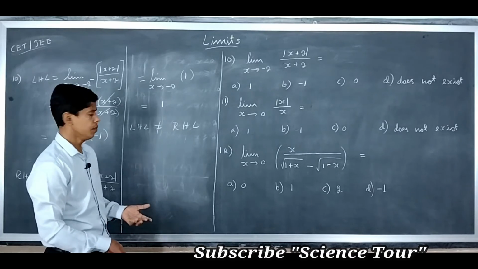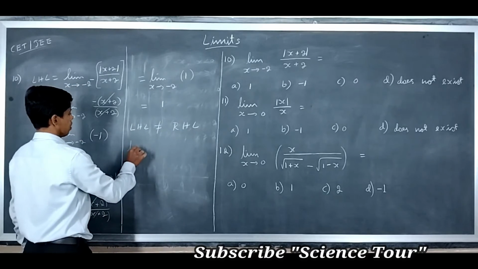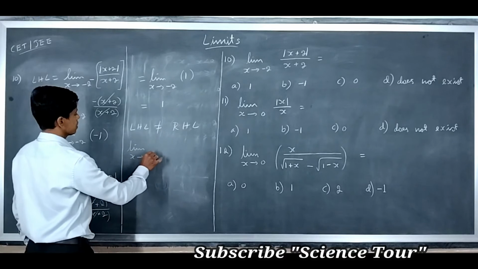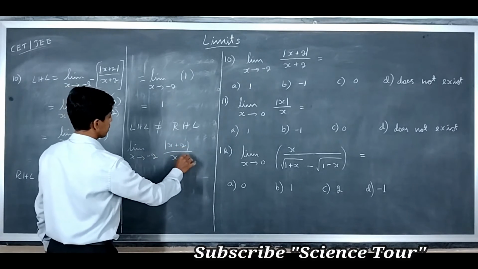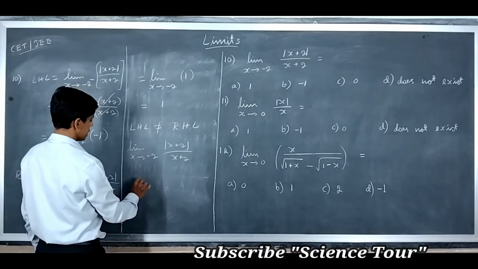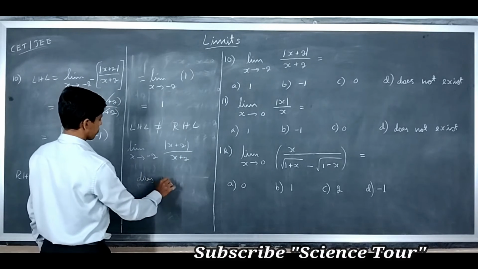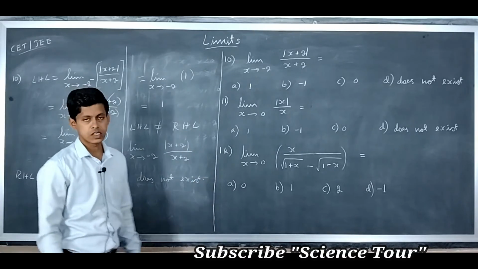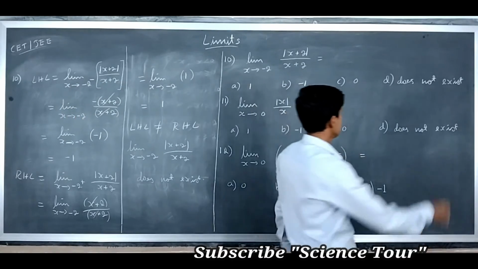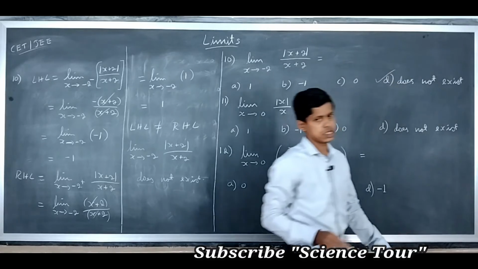So if they are not equal, the limit of x tends to minus 2 of |x + 2| divided by x + 2 does not exist. Alright, so it does not exist, therefore option D is the right choice.